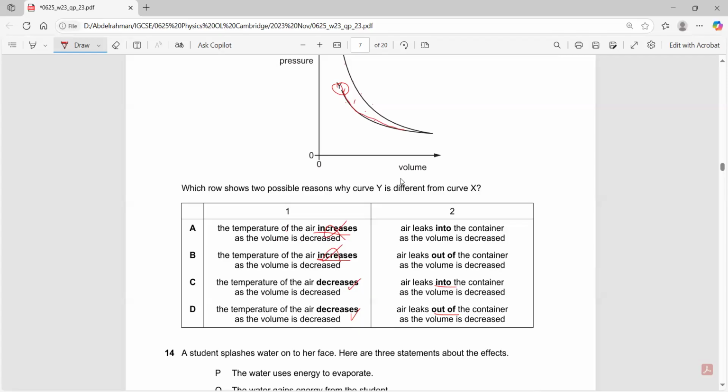Why would they increase the pressure? Because they would hit the walls more frequently. But in Y the pressure has decreased. Therefore, the only possible solution would be that the air was leaking out of the container, thus leading to a decrease in the pressure. D.